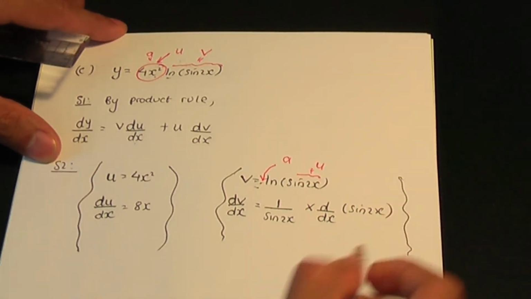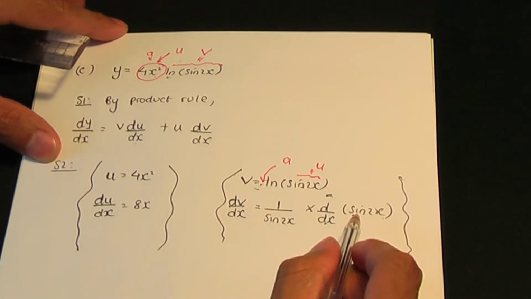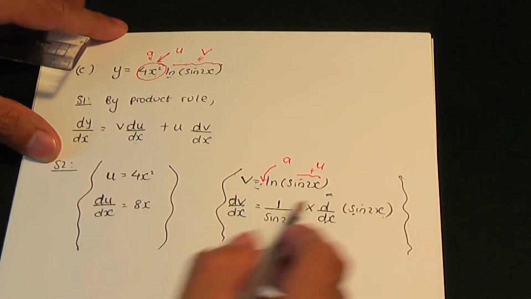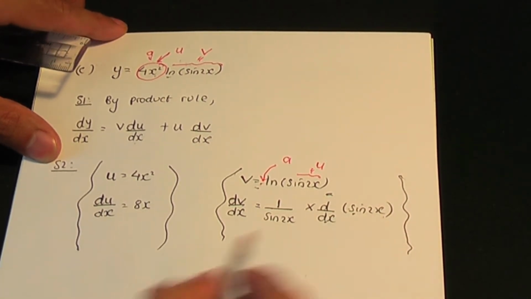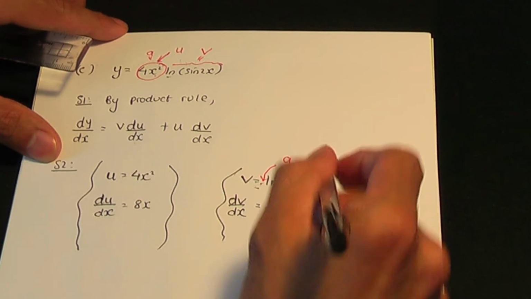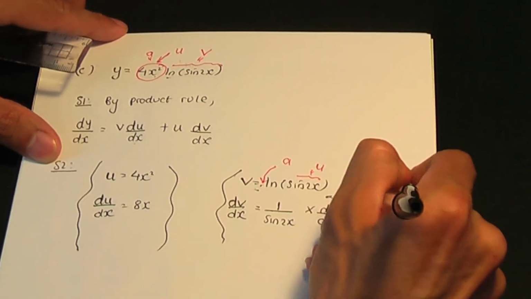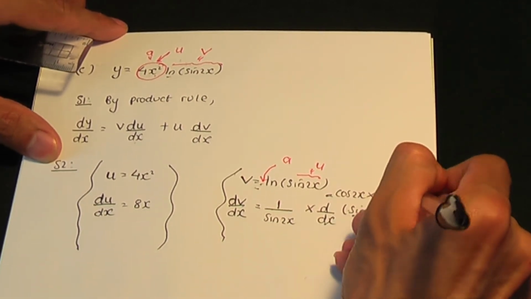So let's tidy this up. d by dx of sine 2x. The term in front of sine is a constant, so we can use the chain rule related result for trigonometric functions. When I differentiate sine, it's cos, so it's a cos 2x times d by dx of the 2x term.